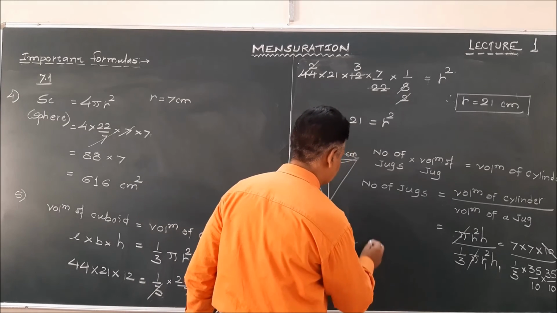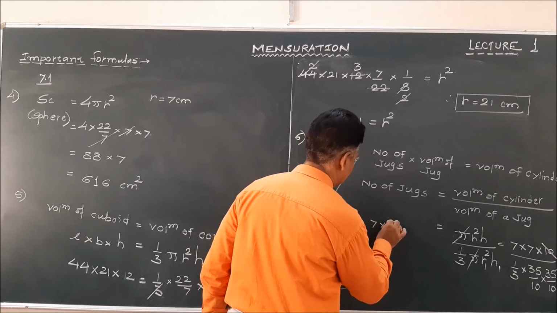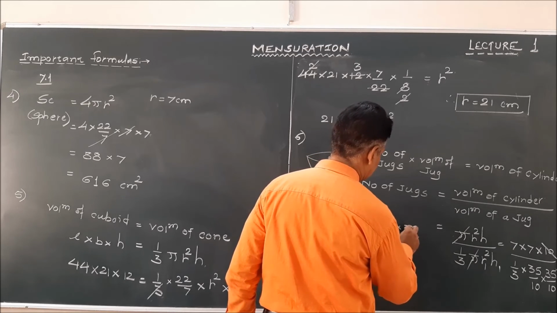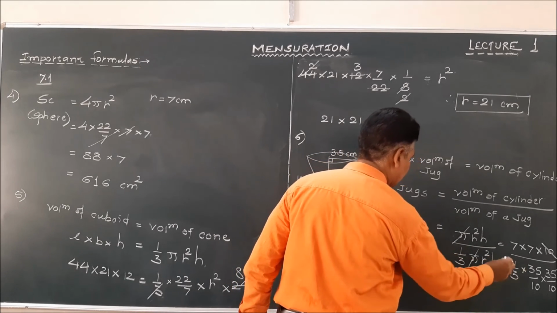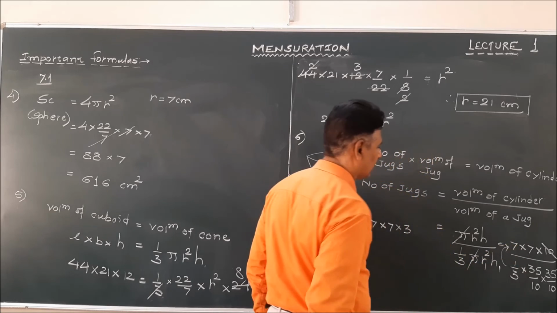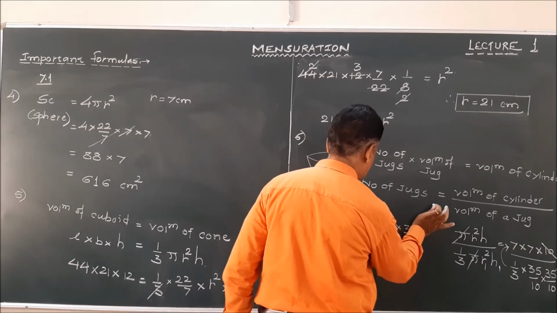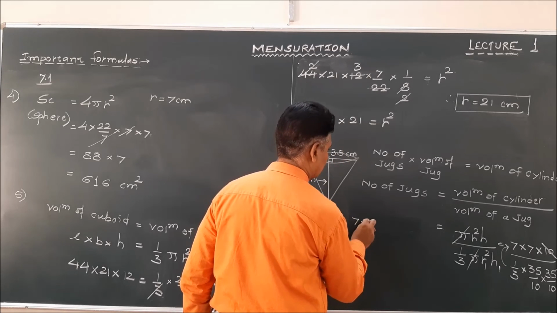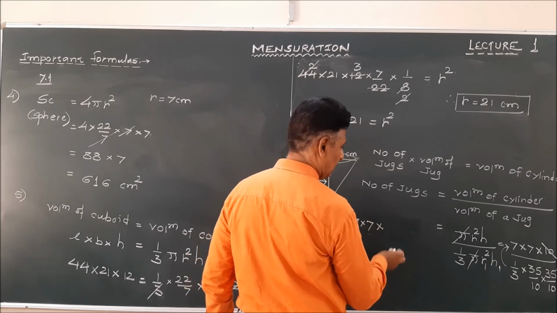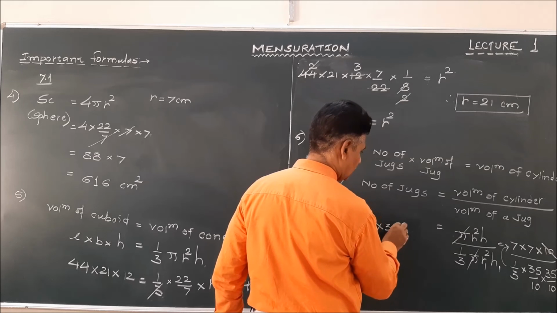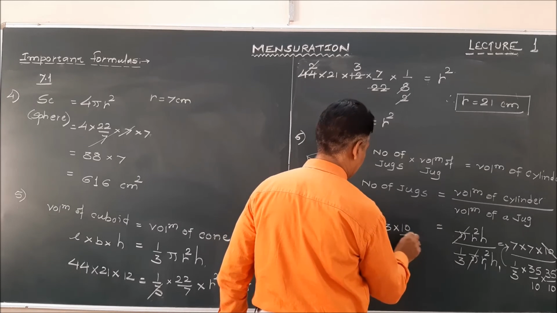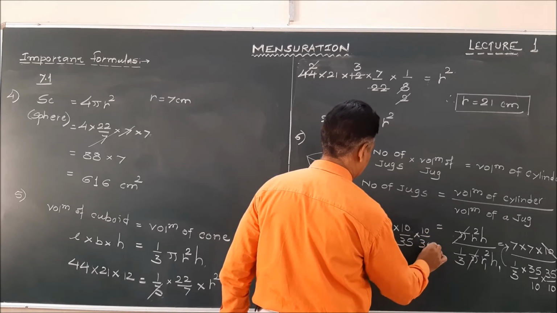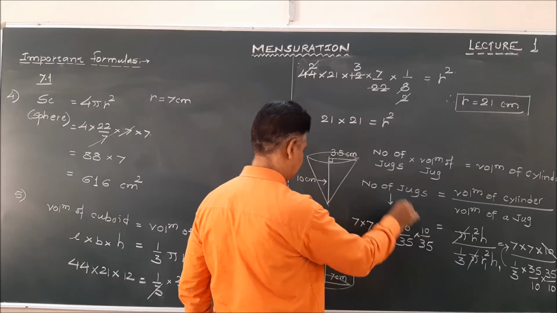Now 7 into 7, 7 into 7, right? Multiplied by 3. 1 upon 3 transfers, this becomes 3 upon 1. 35 upon 10. Okay. 7 into 7 into 3 into 10 upon 35 multiplied by 3. Number of jugs.